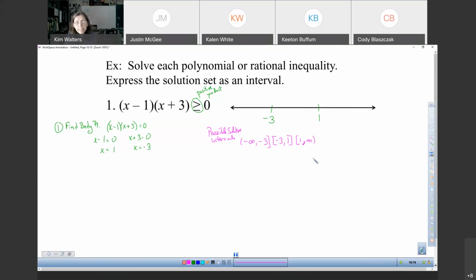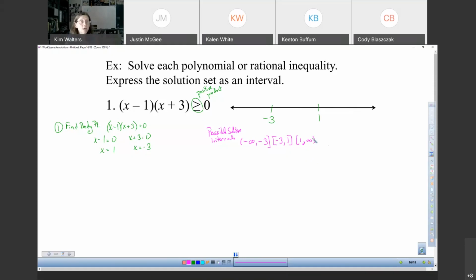Now, the reason I do the possible solution intervals is twofold. One, I think it helps you be organized. We're going to put a bunch of stuff on this problem. Two, if you get to the end and you can't figure out how to write your solutions, I guarantee your solution's going to be listed up here.